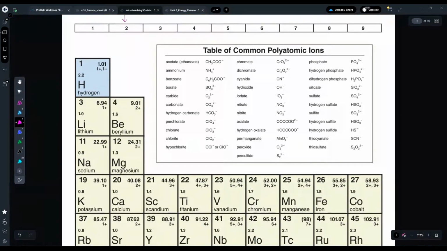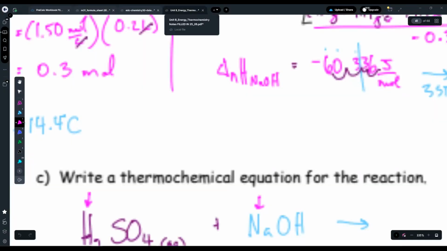Same with sodium hydroxide. It likes to have that positive charge. That's how you know it's the cation. Hydroxide, if we look it up here, right there, it has a charge of -1. That's how you know it's your anion.